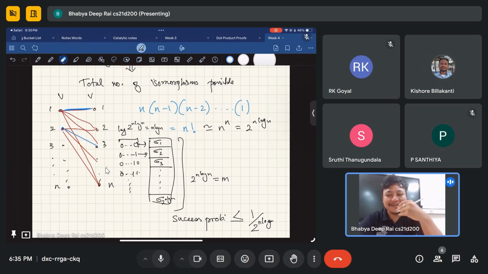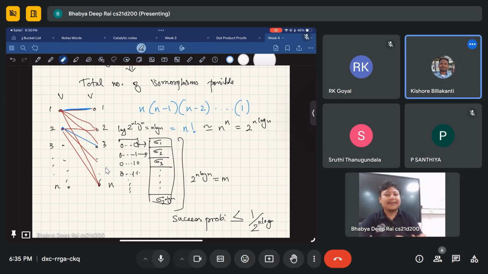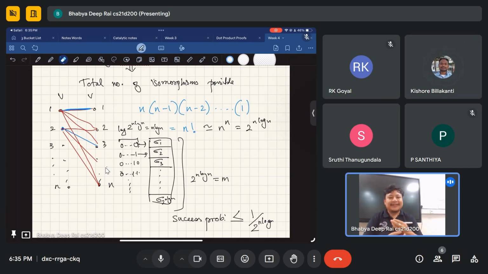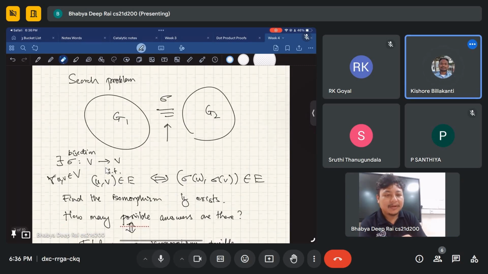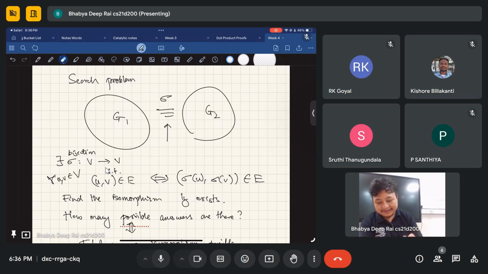It means that there is no pattern. So the success probability becomes incredibly low with this approach for search problems. Yeah, thanks for bringing that up.